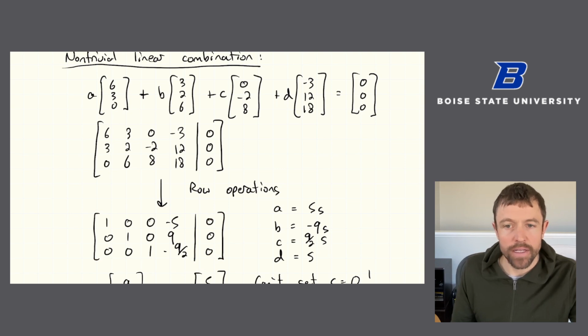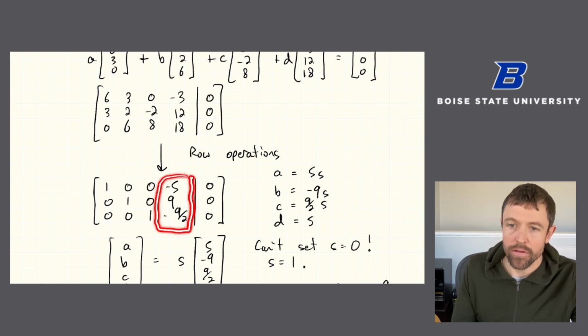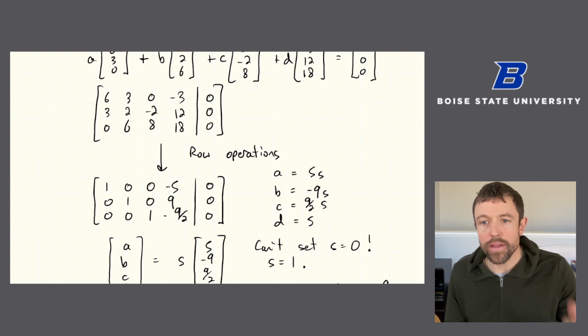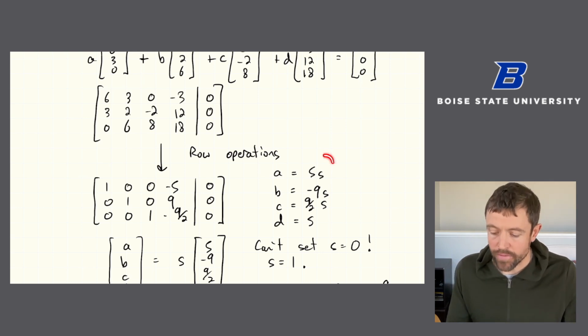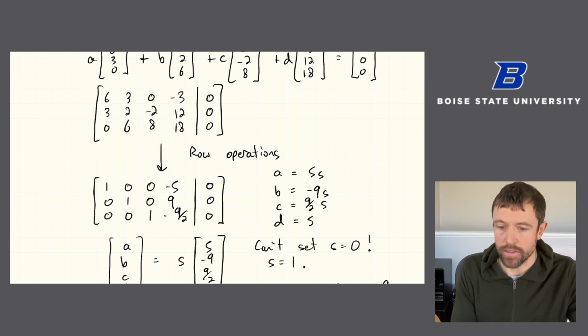When do you get infinitely many solutions? You get infinitely many solutions when you have a free variable, when you have a column without a pivot. And so if there's a column without a pivot, you're going to have a non-trivial solution, where you can plug in a value for your parameter or parameters and get something that's not all zeros. Then the vectors are linearly dependent.